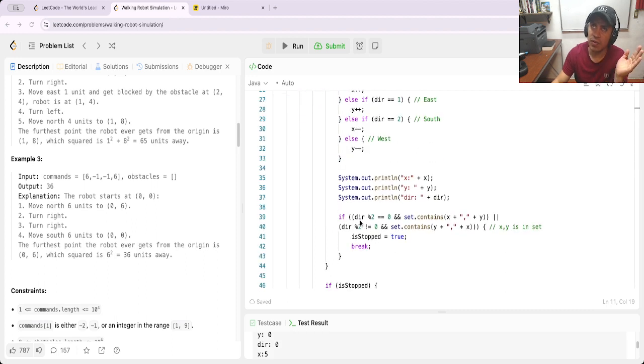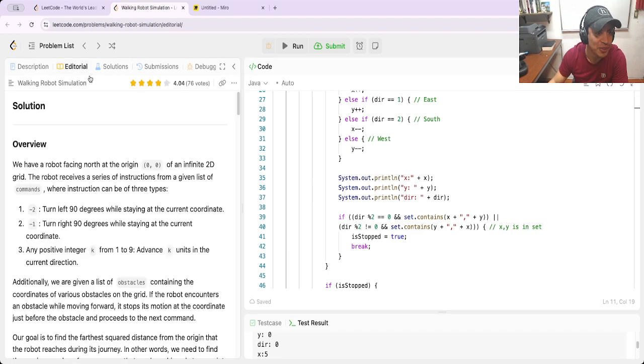Because if I use this array, I don't have more ideas. Let me check the solution.